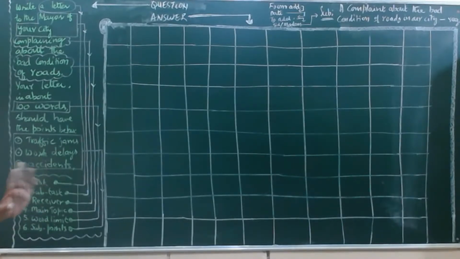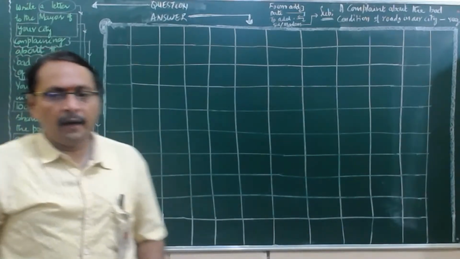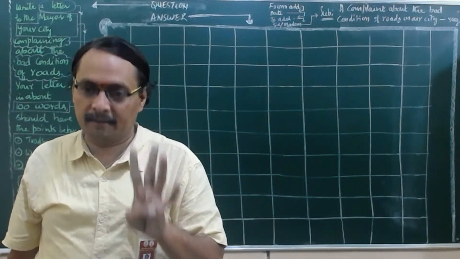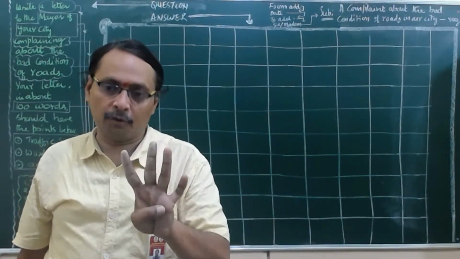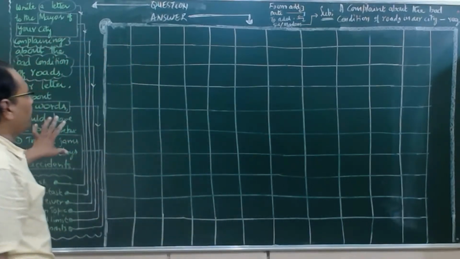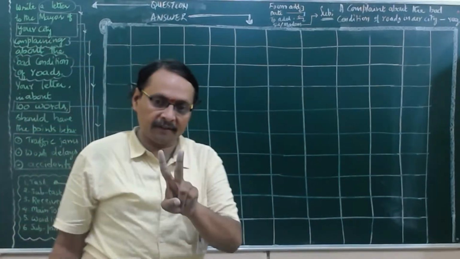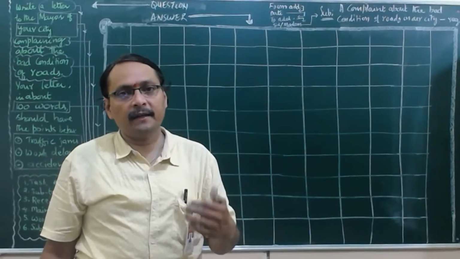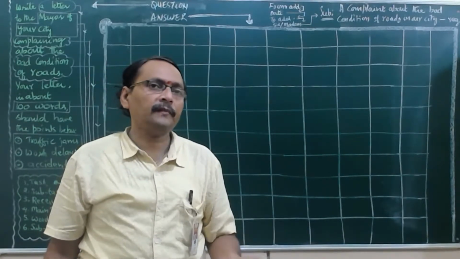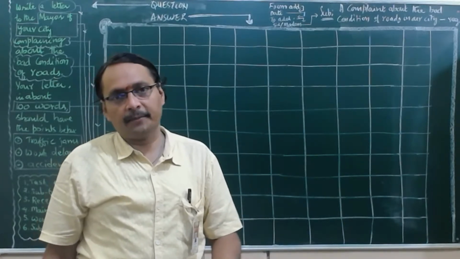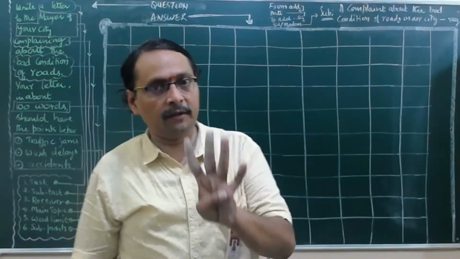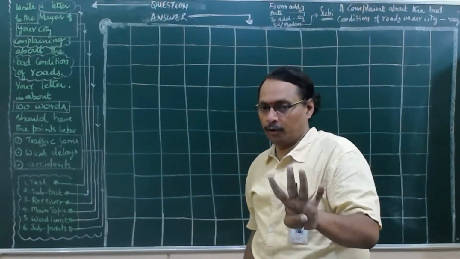So 3 paragraphs we are going to have and 4 questions we need to answer. In 3 paragraphs you are going to answer 4 questions. So the first paragraph will contain the answer of 2 questions. The second paragraph will contain the answer of one question, and finally the last paragraph, the last question.